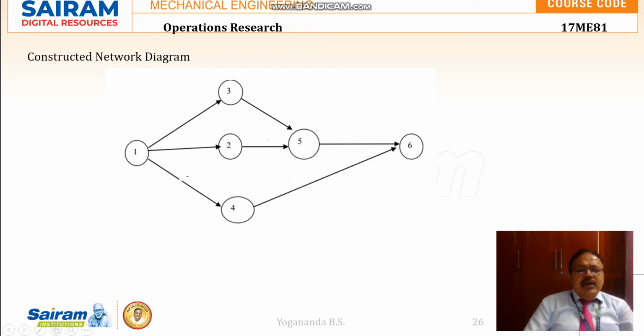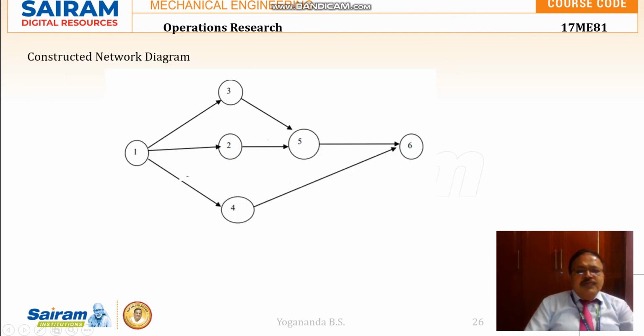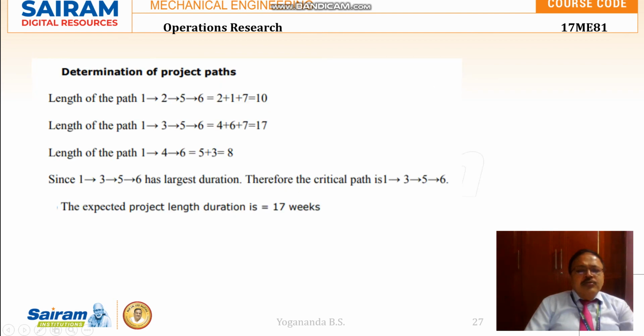For these activities, we have calculated the expected mean time. So, considering the mean time for these activities for each of these paths, we are calculating the total time of completing that particular path.